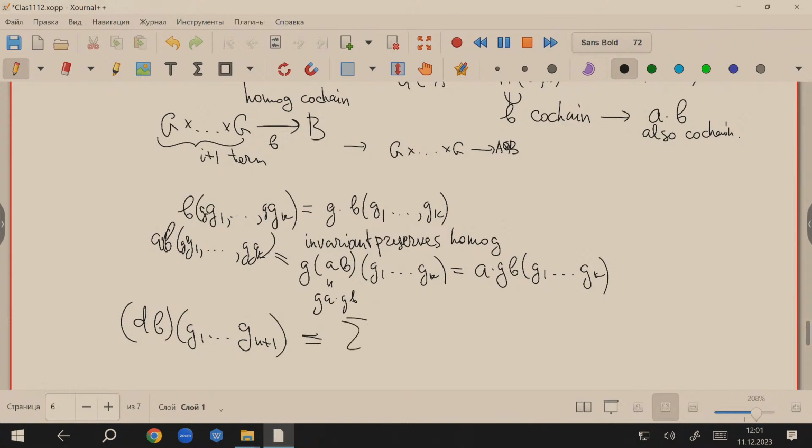It is simply applying b to the smaller one, degree i minus 1. So you are just getting rid of some gi's in your chain, and of course it commutes with multiplying by A.